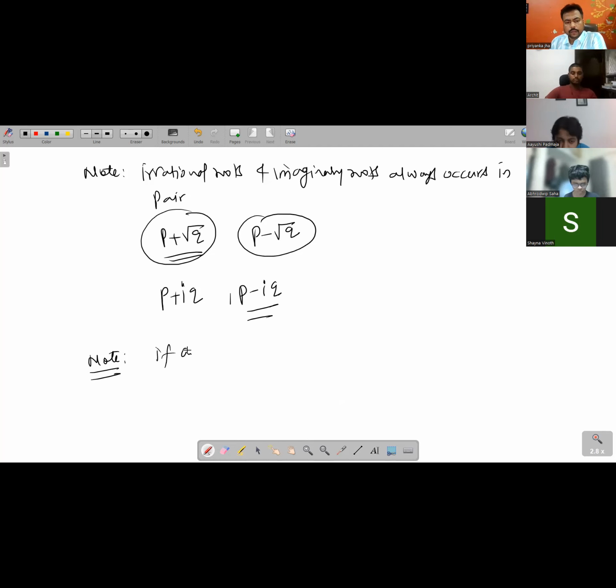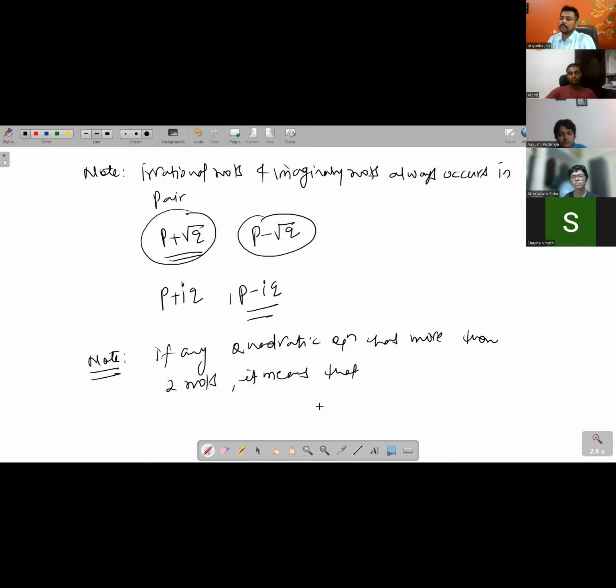And one more point. Suppose any quadratic equation has more than two roots, it means that... Isn't that a cubic equation, sir? No. You see, any equation of any degree. Suppose an equation has degree n. We know that the maximum number of roots we can have is n, right?